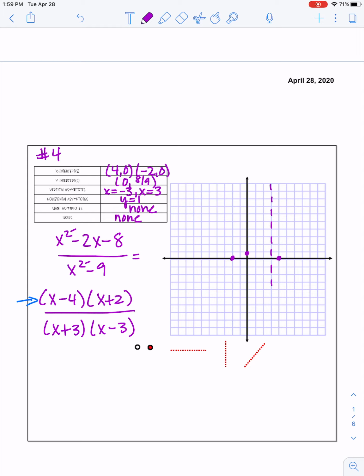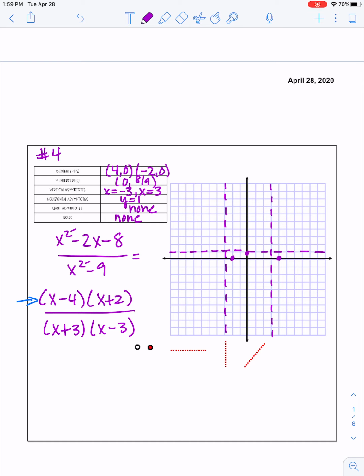And I have another one at negative 3. I have a horizontal asymptote at y equals 1. And there, I've plotted everything.